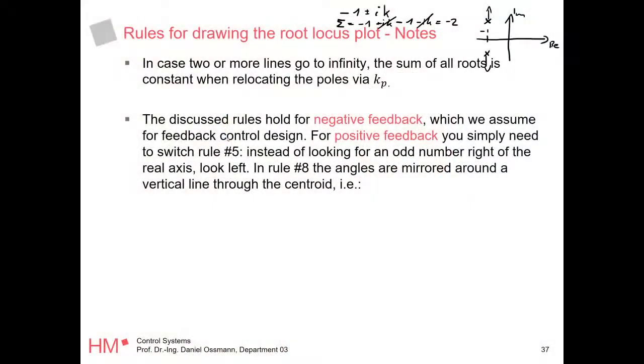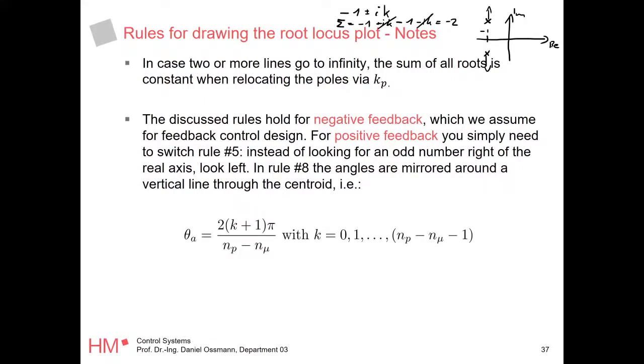It's not actually that hard. For rule number 5, you either look for even numbers to the right, or you look for odd numbers to the left, so just the other way around from what we're doing now. And for rule number 8, you basically mirror the angles around the centroid. So the rule changes.